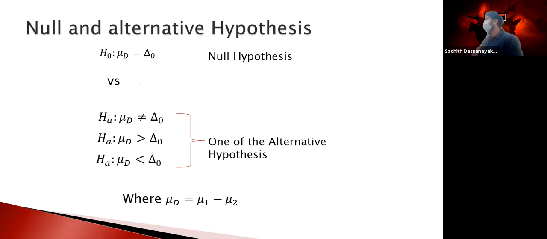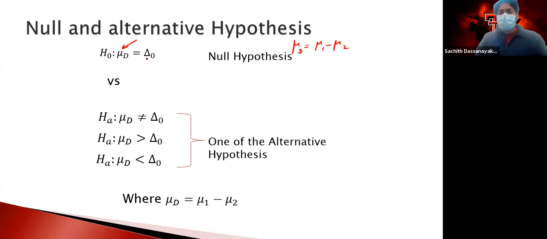Throughout these sections, starting from chapter 8, we state our null hypothesis, then the alternative hypothesis. Same here, we just focus on their difference. This is exactly the same as chapter 9.1, where we considered mu1 minus mu2. Mu d is mu1 minus mu2, so here we consider this difference, mu d.